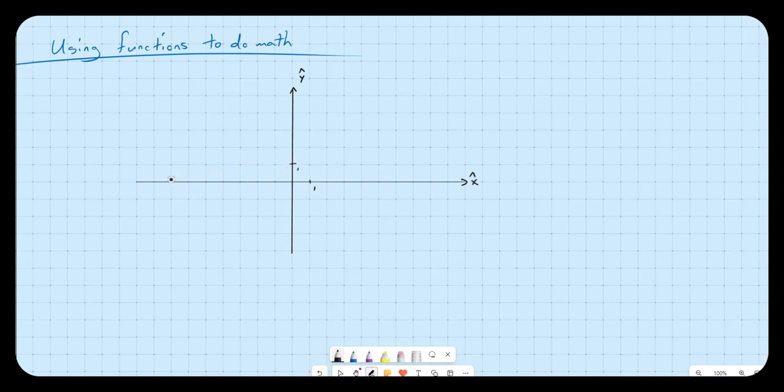And maybe I've got a function that looks like this, and this does count as a function. I know it's got sharp corners and everything. It does count as a function because it passes my vertical line test, right? There's nowhere that I can put a vertical line that it passes through more than one point. So this is a function.